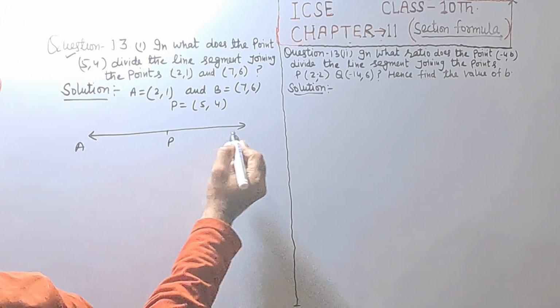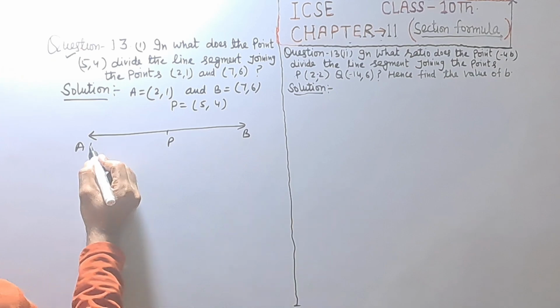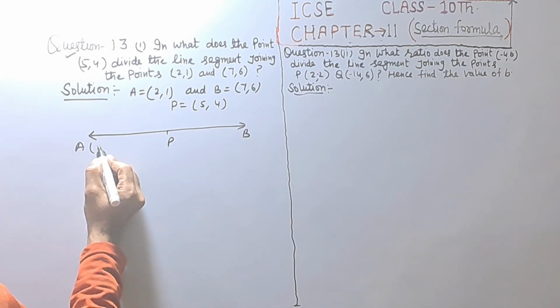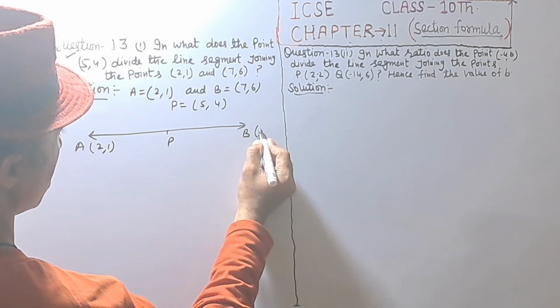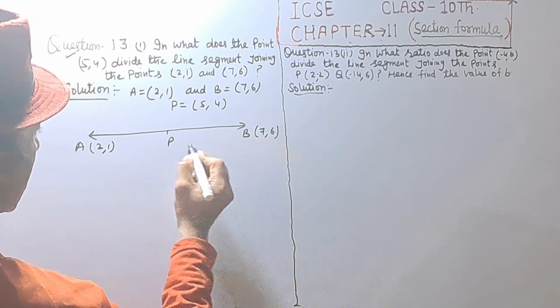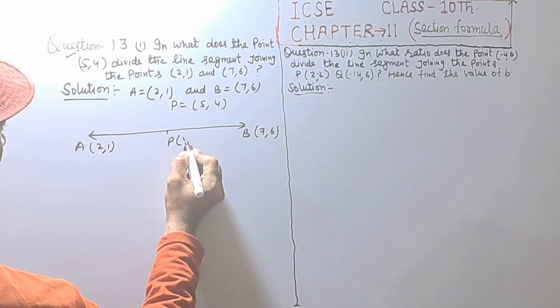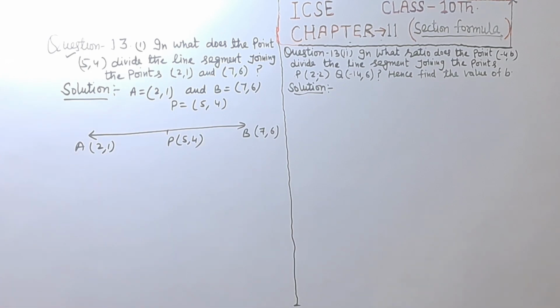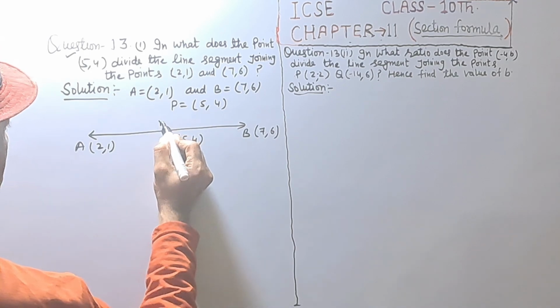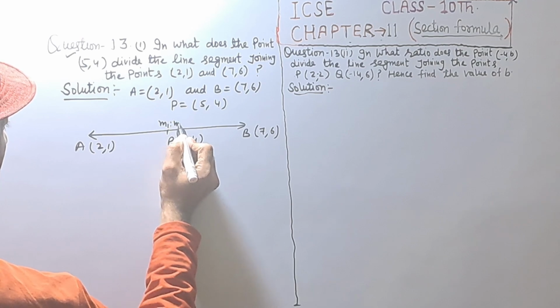A point is (2, 1), B point is (7, 6) and point P is (5, 4). And we find the ratio, that is M1 ratio M2.